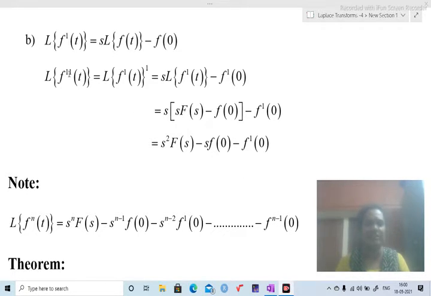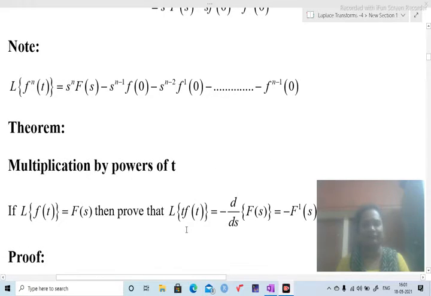Observe here, second derivative is there, that's why s square. Here nth derivative is there, that's why s power n. After the power 2, power is 1. After the power n, the power is n minus 1. Like this, the power of s is going to decrease.